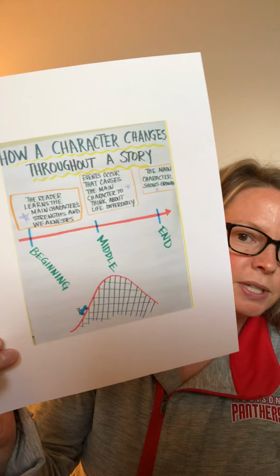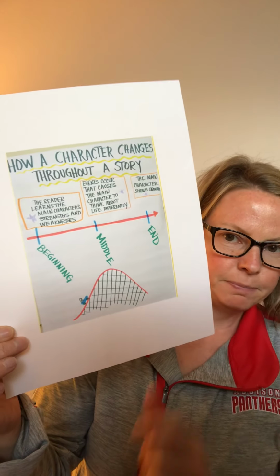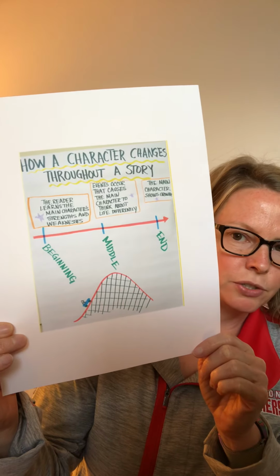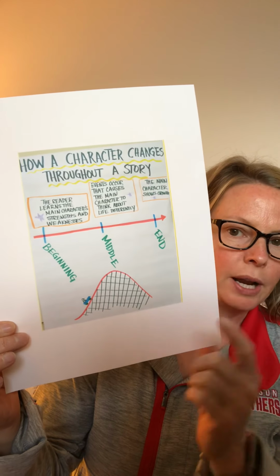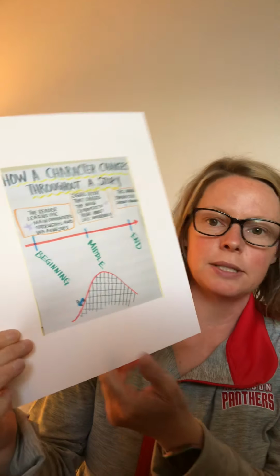It kind of piggybacks on theme, so you can come up with a theme, and then you can see where that theme takes you with a character. And if this looks familiar too, it's kind of like a little roller coaster with a beginning, middle, and end. And it's how characters change throughout a story. And I'll probably show this to you in the next couple of weeks as well.